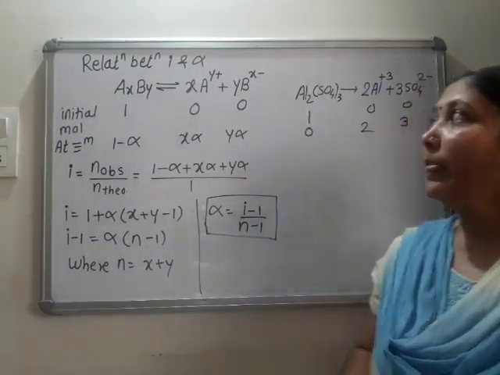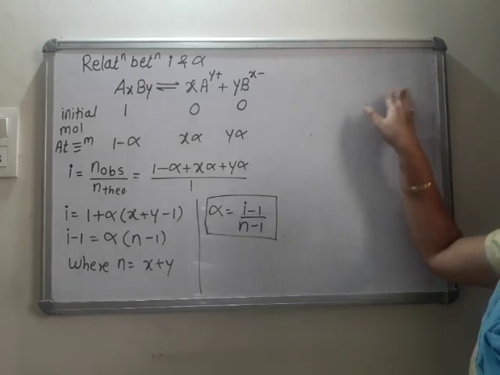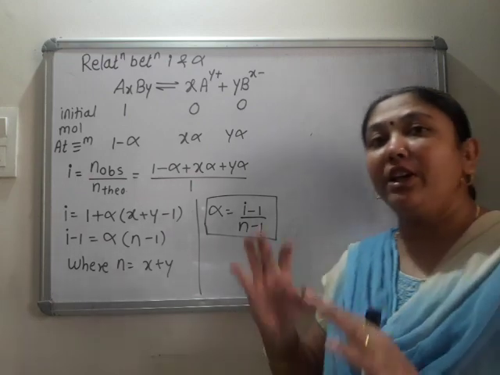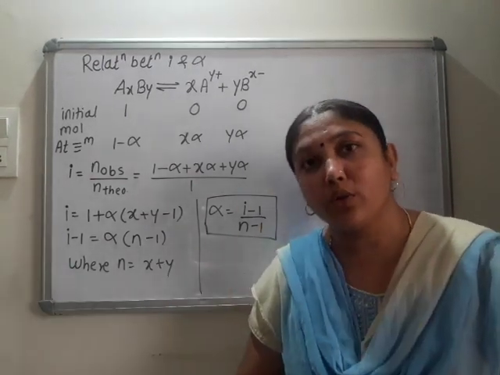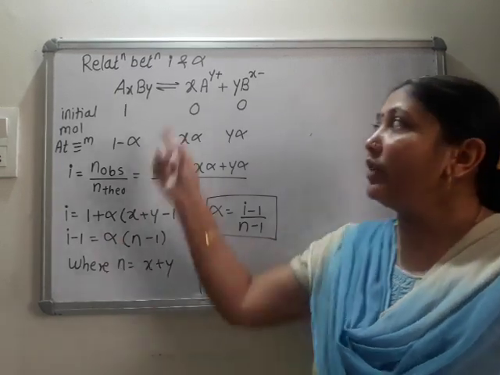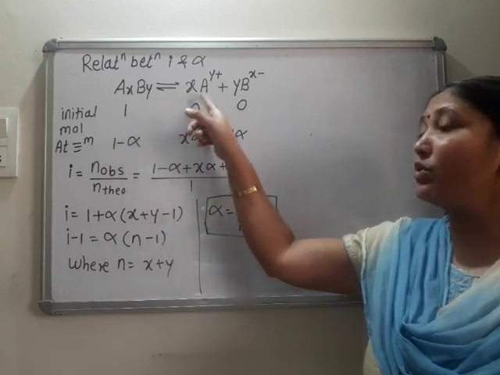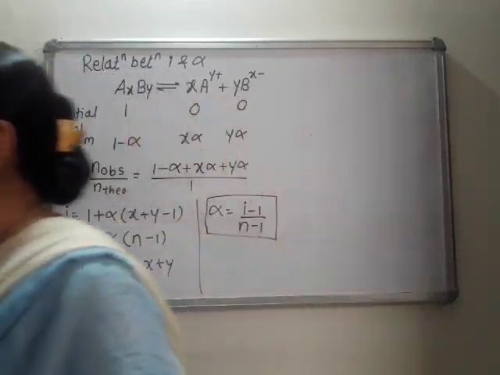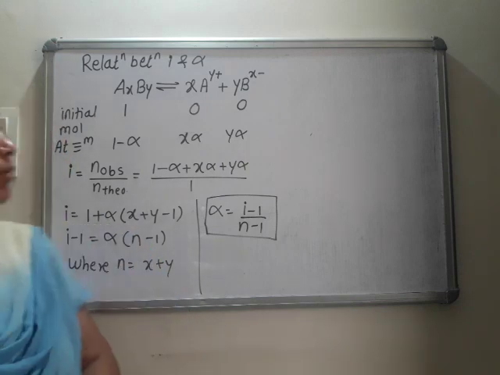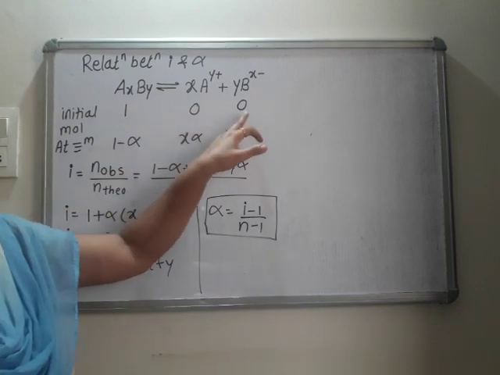Is this clear? The question is: derive the relation between van't Hoff factor i and degree of dissociation. This is applicable for those electrolytes which are not dissociated completely. So we have considered one weak electrolyte AXBY which dissociates to give X times A^(Y+) and Y times B^(X-). Initial moles were 1, 0, 0.